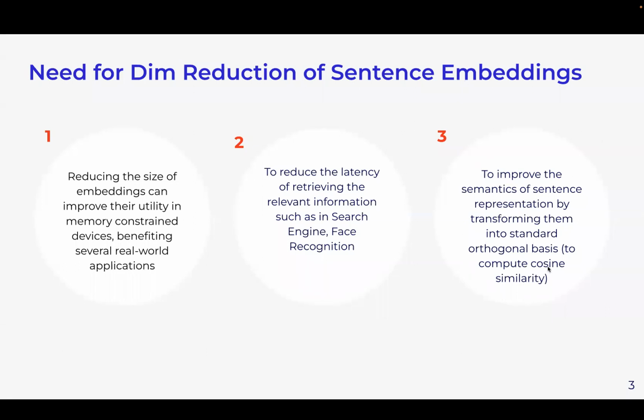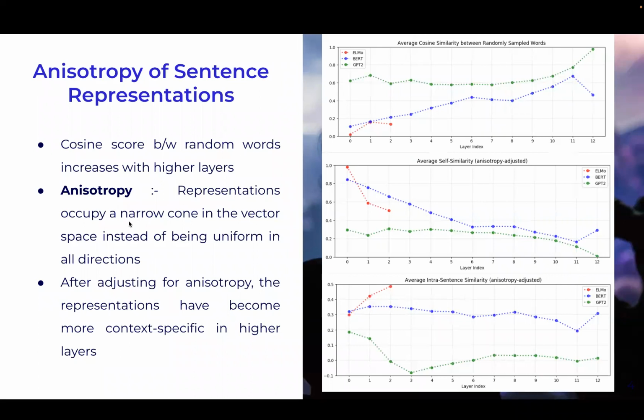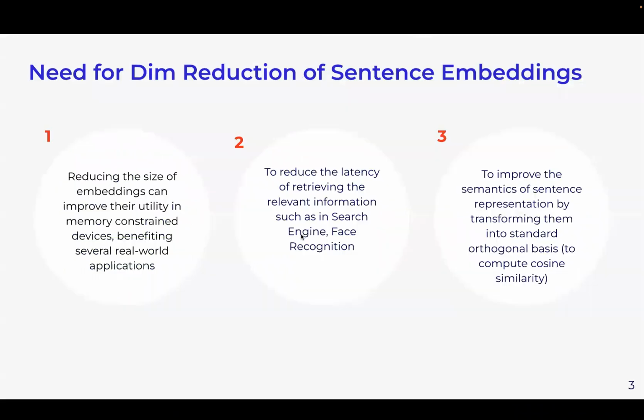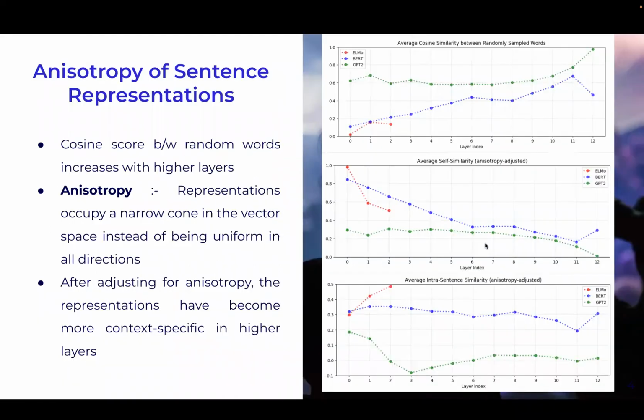If you are supposed to use cosine similarity as the metric to compute the similarity between the actual text and the query text, then it assumes that those two vectors are derived from an orthogonal basis. Once you remove the anisotropy from the word representations, the word vectors become orthogonal to each other, and you can confidently tell that they are from a standard orthogonal basis. So whitening transformation helps us to remove the anisotropy.